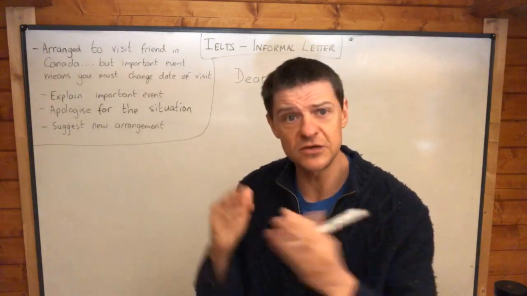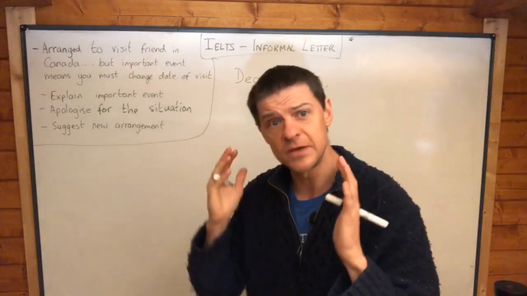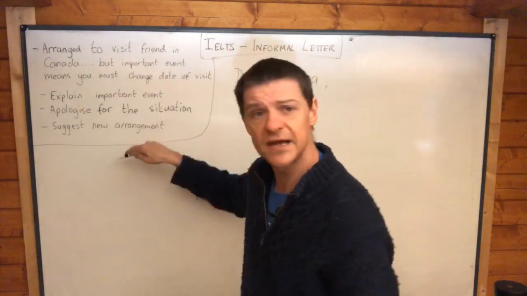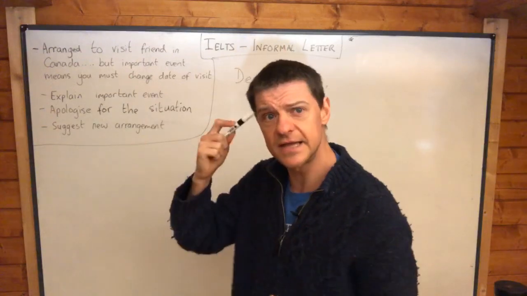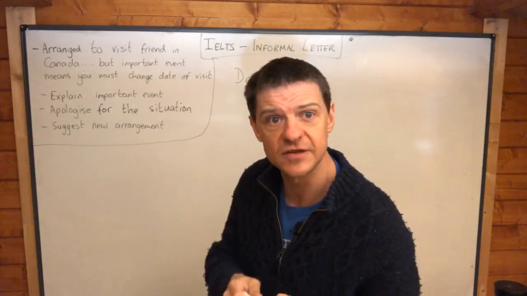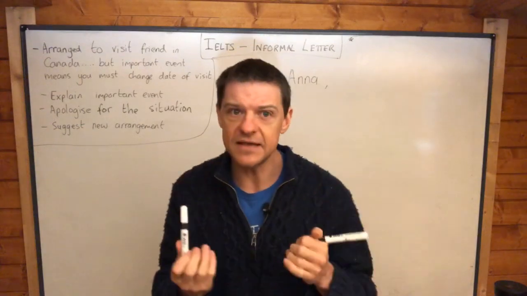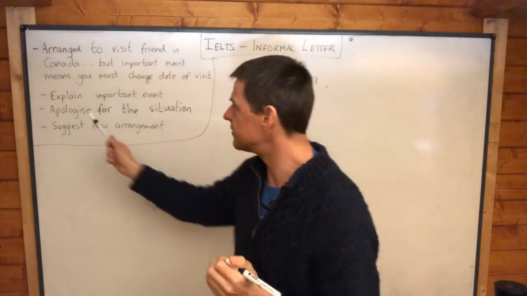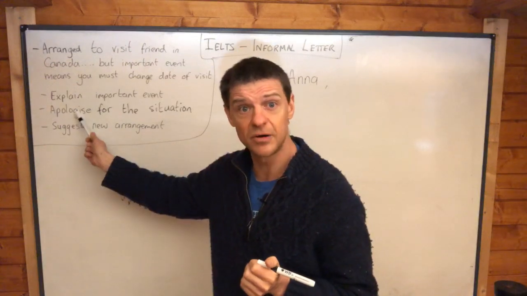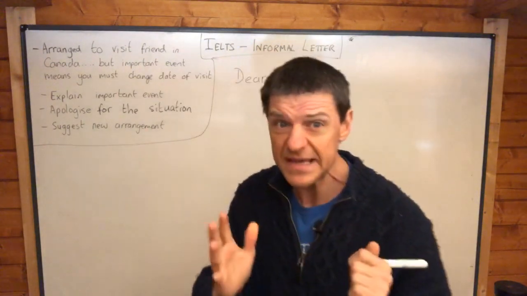Always at the end, when you're doing this task, when you've finished your essay and you've got a few minutes left, read the text again and just check and think, have I clearly answered all three of those questions? Because sometimes you might think you've clearly answered it, but then you realise that you haven't actually said sorry in the letter, and so you haven't apologised, so be careful.